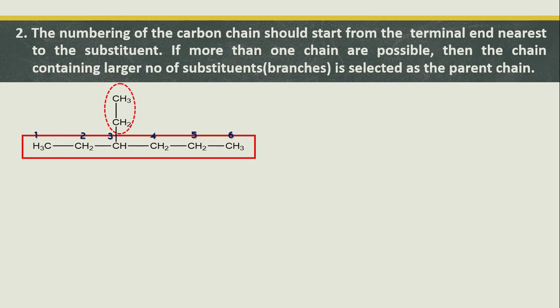However, if the numbering is started from the back end, then the ethyl group will occupy the 4th position of the carbon atom. So the correct one is the numbering that starts from the front end.